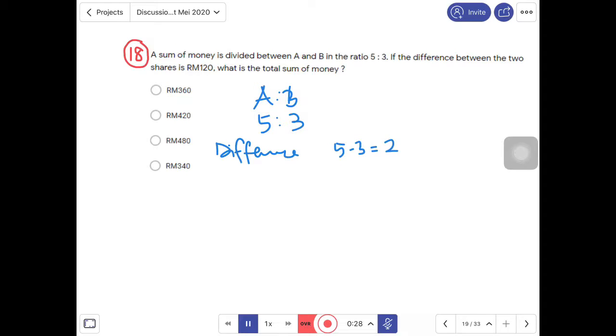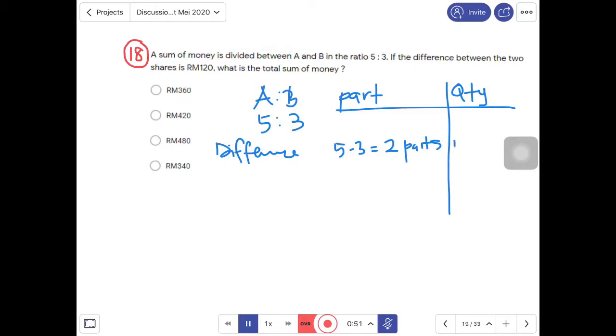And this 2 is 2 parts actually. So let's make a table. This is part and this is quantity. And the 2 parts is equal to how much?